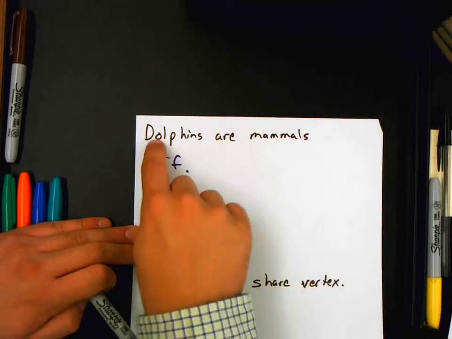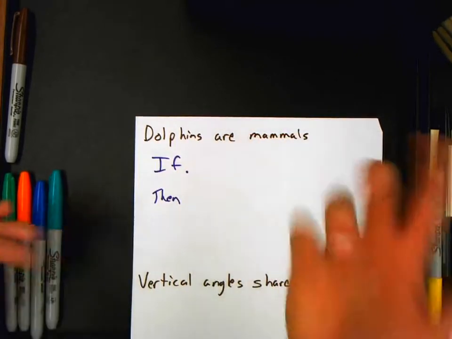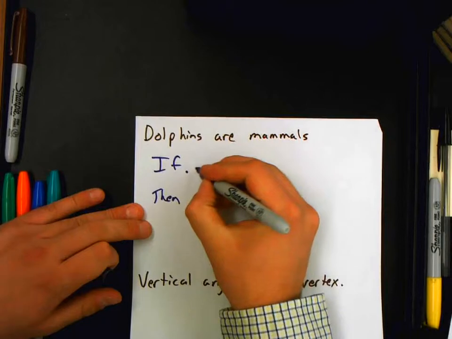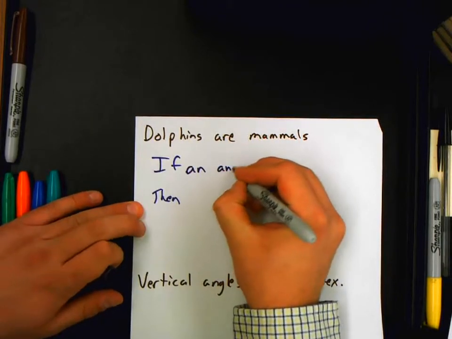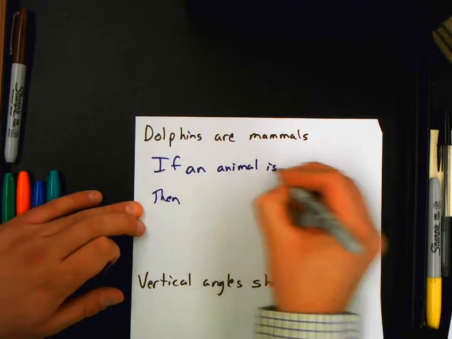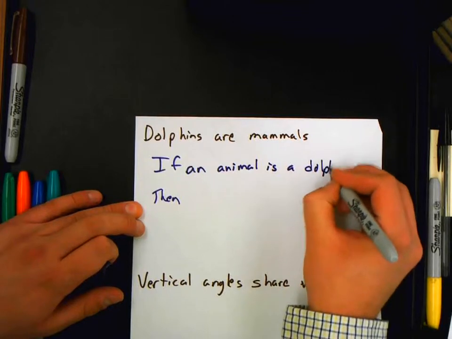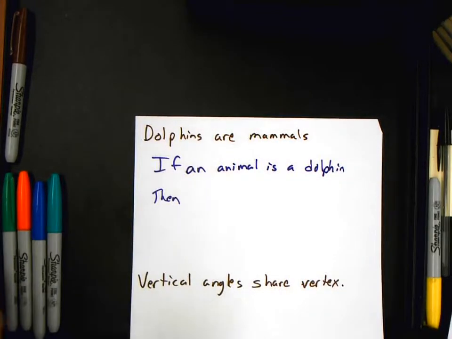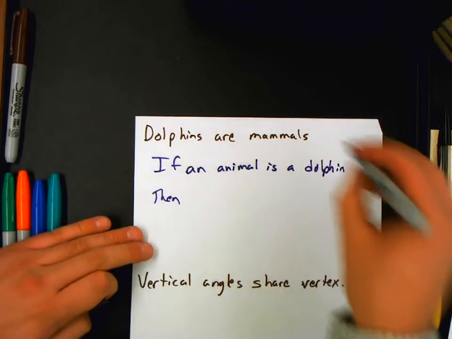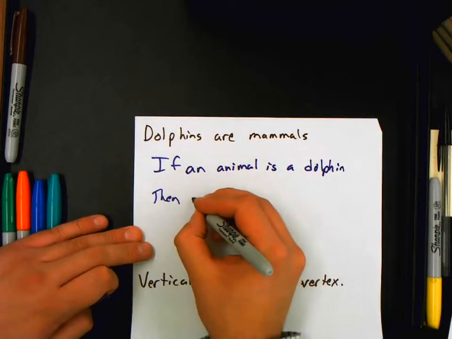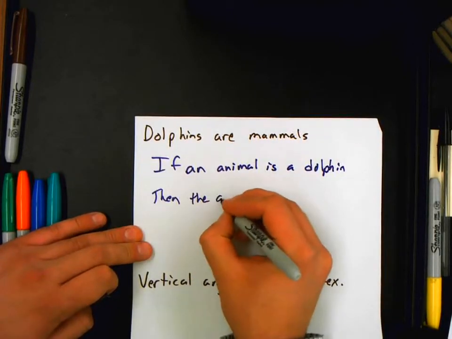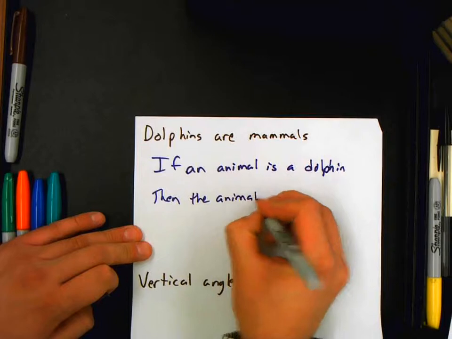So we could say that if an animal is a dolphin, then that animal is a mammal.